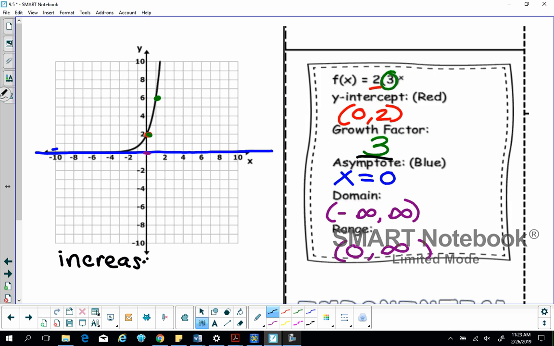Increasing when we read it left to right. So when I read it, I can see it's going up. Cool. What type of rate of change does this one have? There's 2 choices, constant or variable. Oh, it's variable rate of change.